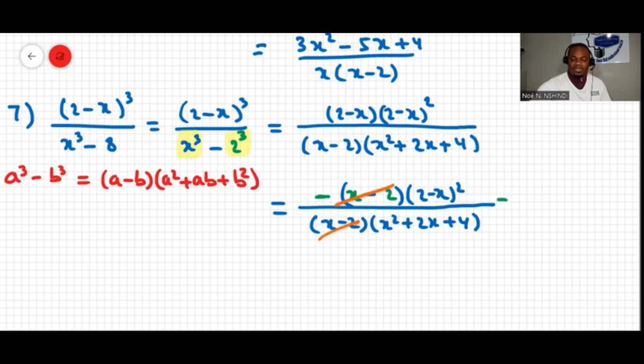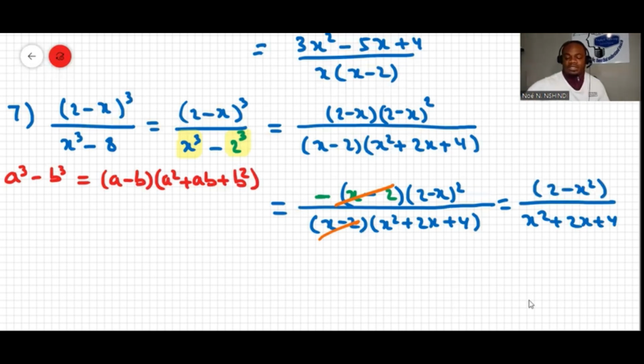So the answer will be x squared plus 2x plus 4 under 2 minus x squared. This cannot be simplified, so we can leave our answer like this.